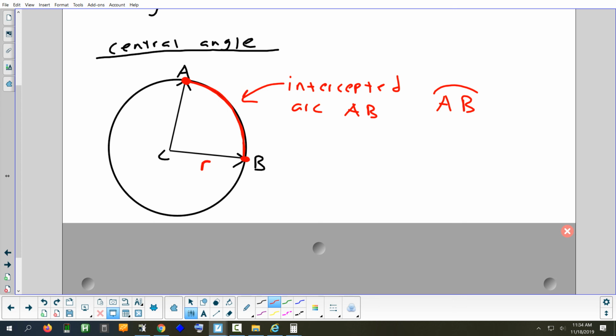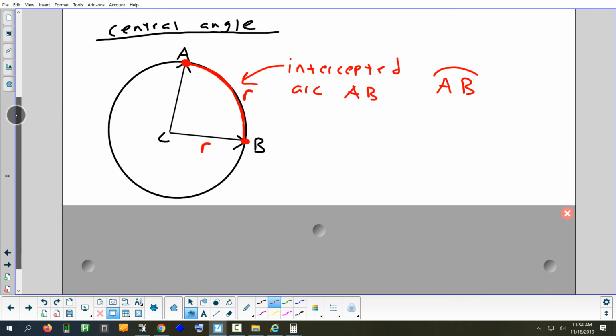Now, let's say you took a piece of string, put it on point A, exactly on top of that arc, and stopped it at point B. So now you've got an arc. Then you took that piece of string, straightened it out, measured it on a ruler, and let's say it happened to come out exactly the same. That won't always happen. Most of the time it doesn't. The arc could come out bigger or smaller.